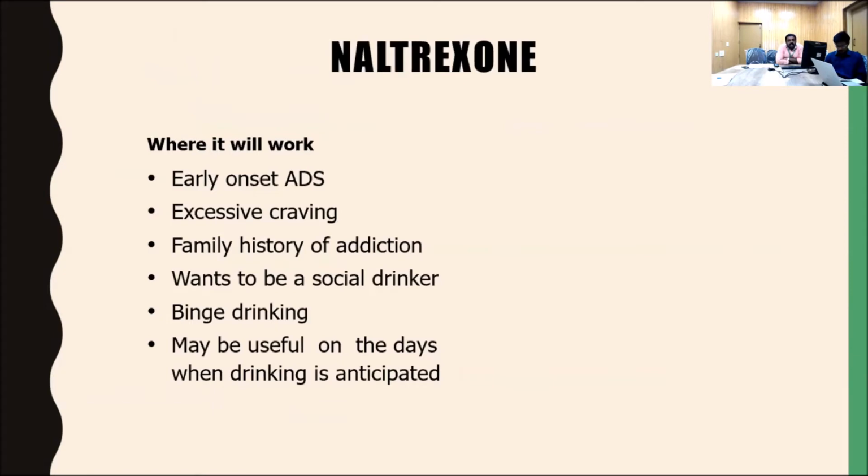You can actually use alcohol even when you do use naltrexone. So somebody who does not want to remain completely abstinent, wants to have reduced use of alcohol or use alcohol once on an occasion on weekends, this would be a good agent. It is also useful in someone with binge drinking, where there is excessive drinking for a very short period of time followed by a period of abstinence, and on the days when drinking is anticipated.